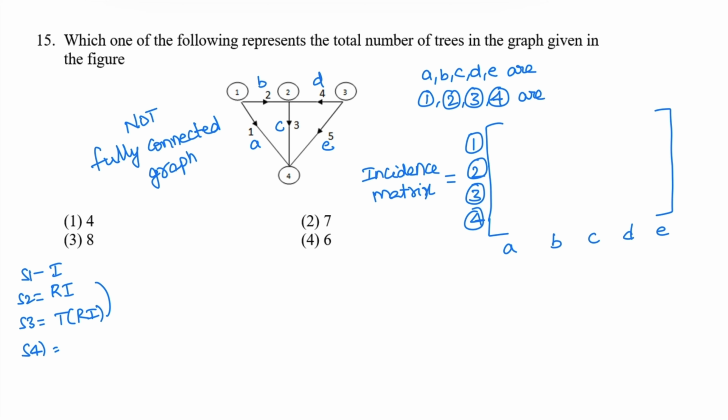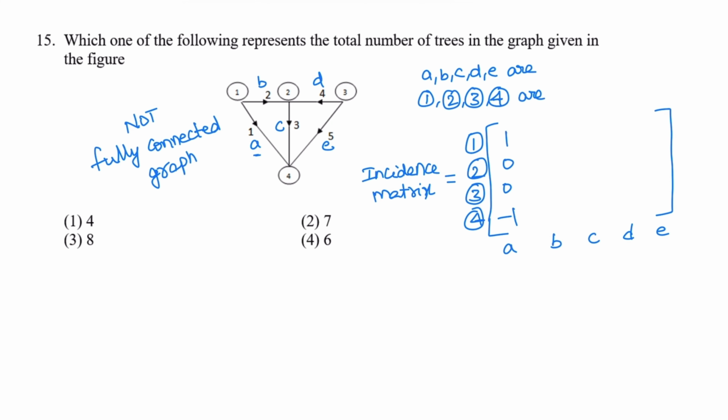This will give the total number of trees for a graph that is not fully connected. For this case, there are 4 nodes and the incident matrix is like this: 1 0 0 minus 1, because for branch A, there is a connection between node 1 and node 4.